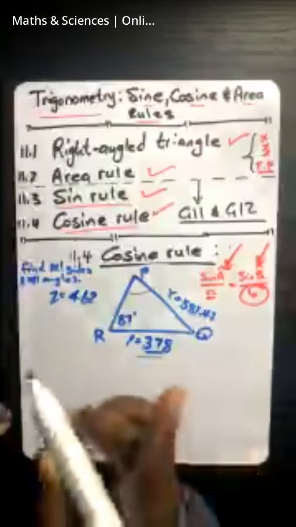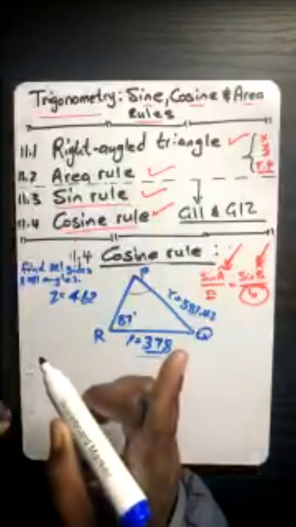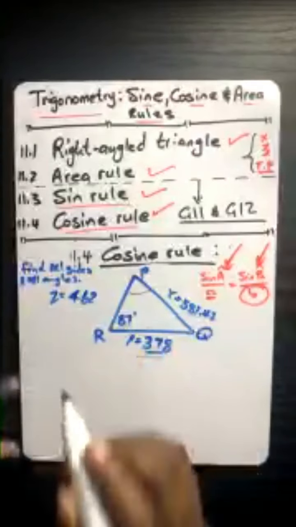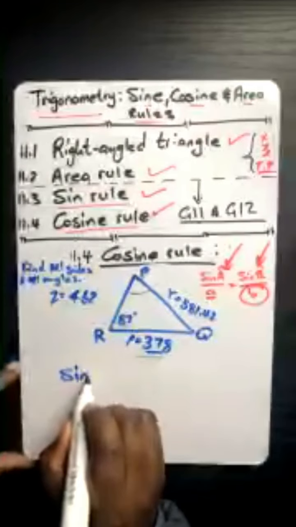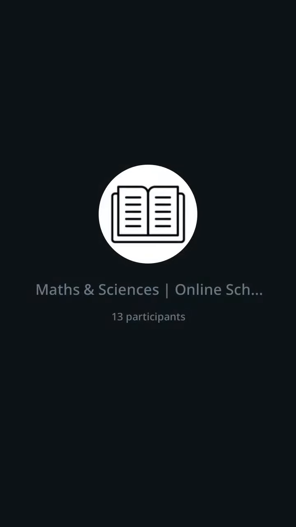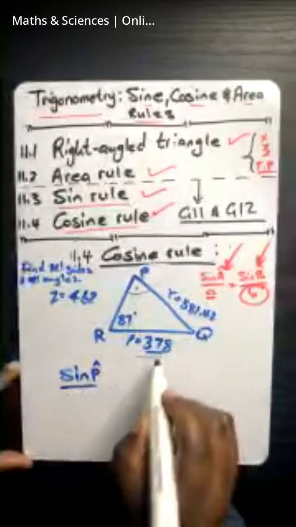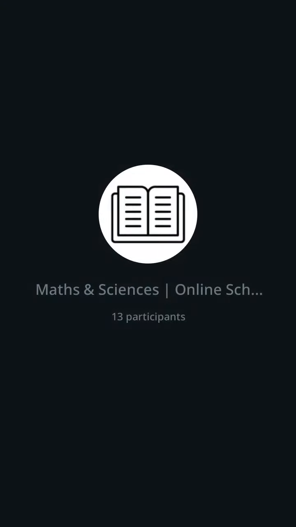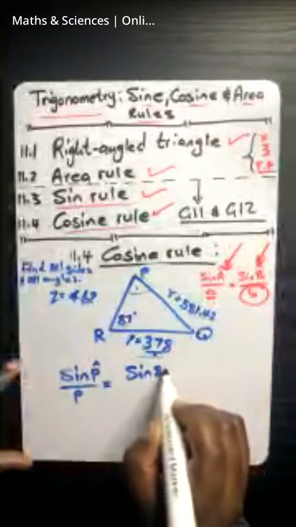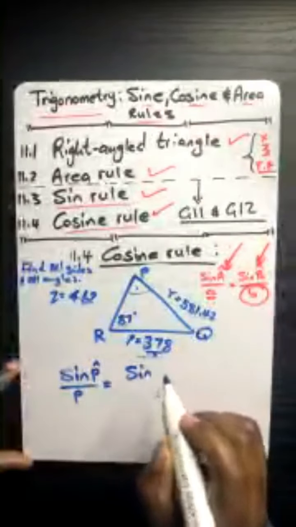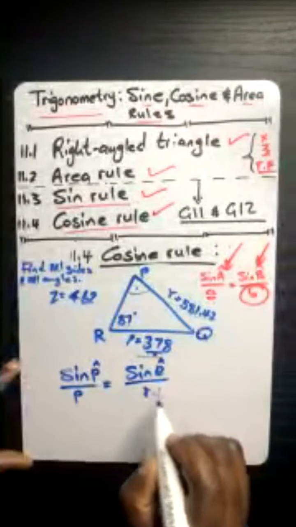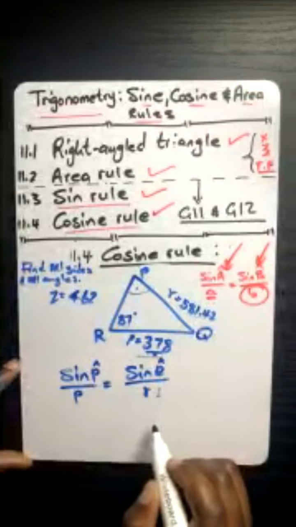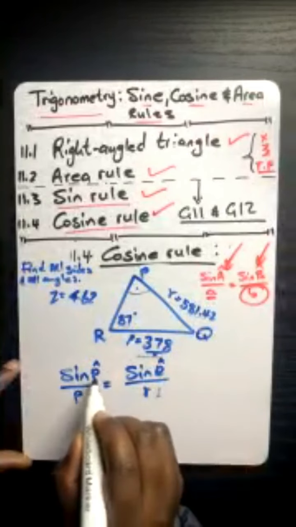Because we're looking for the angle, I'm going to write at the top sine of angle P over the opposite side P, which is equal to sine R over small r.